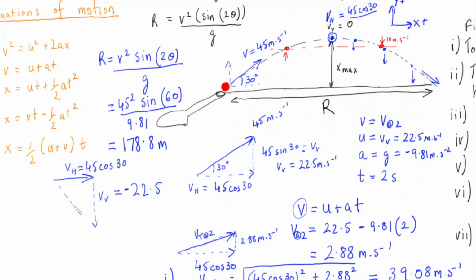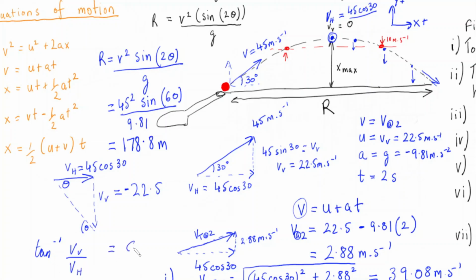What we want to find is the angle at which it strikes the ground. Now, from a bit of geometry, we can say that this theta is equal to that theta. So we can work out that angle using the inverse of tan, the tan inverse function. So theta is equal to tan inverse of the vertical velocity component divided by the horizontal velocity component.